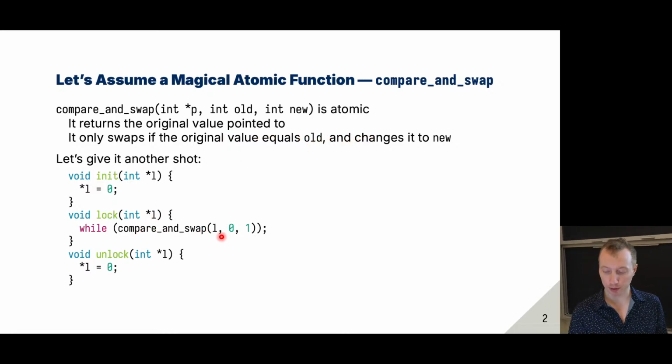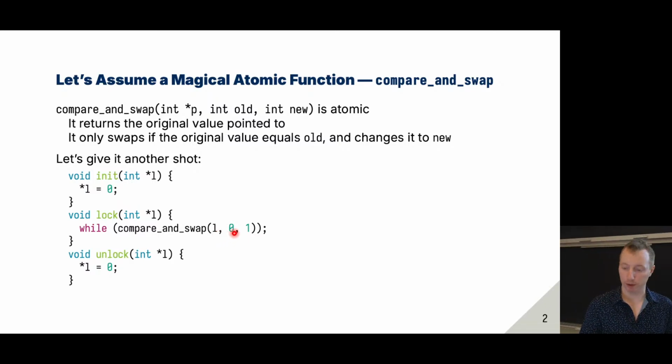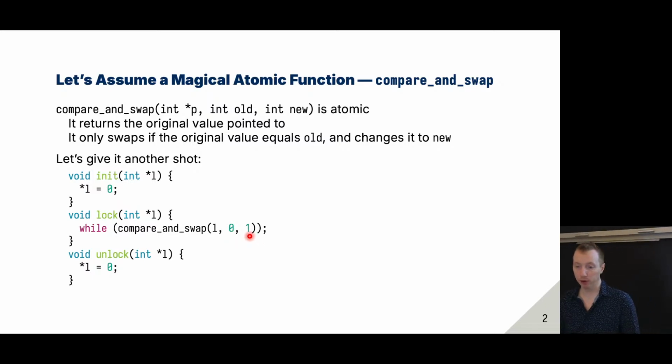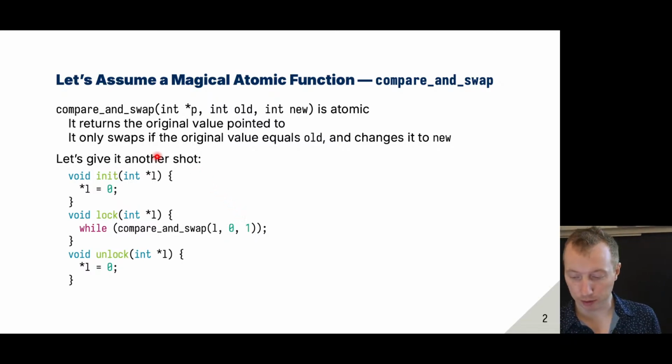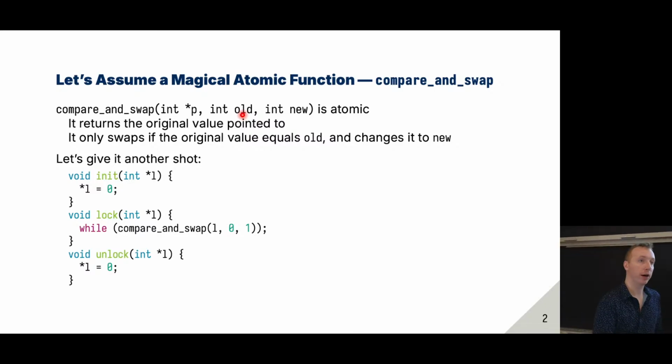So if we do compare and swap, we give it, say, a pointer to an integer. Remember, we just had a lock that is represented by an integer. So if we give it the pointer to our lock value, and we say the old value is 0, and the new value is 1, atomically what that will do is, if the current value is 0, it will read a 0, and 0 is equal to old, so 0 is equal to 0. So it would atomically change that 0 to a 1.